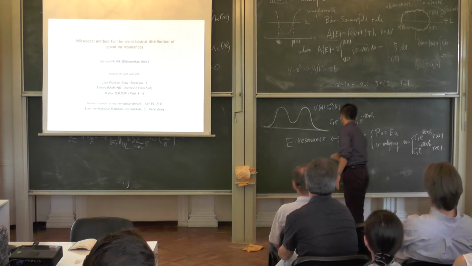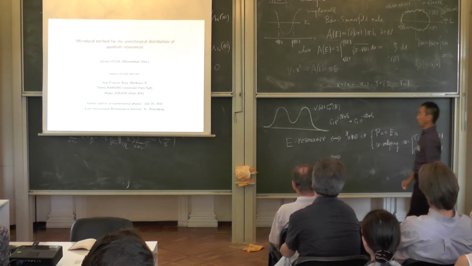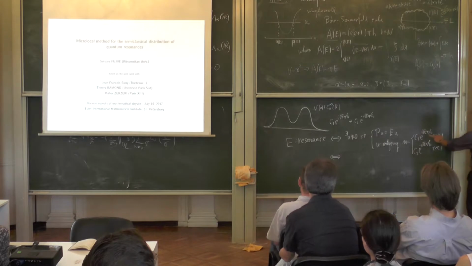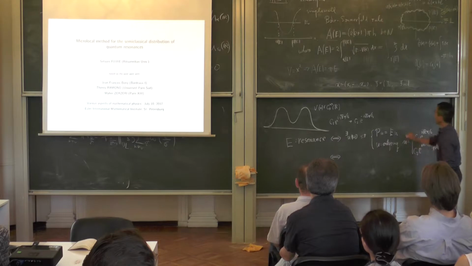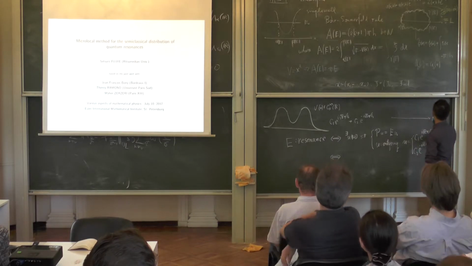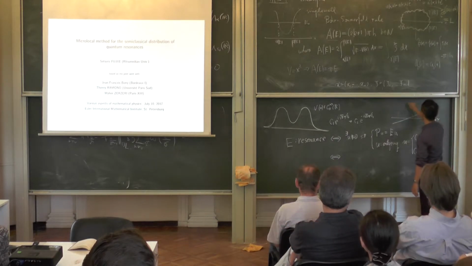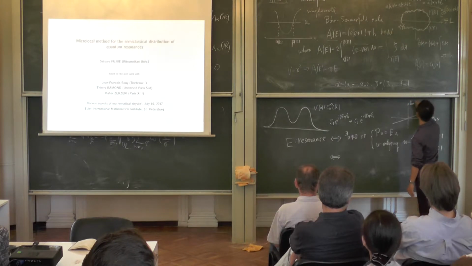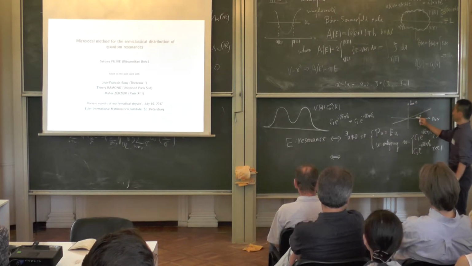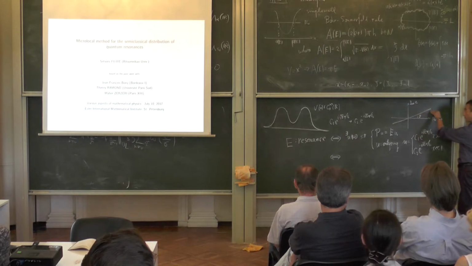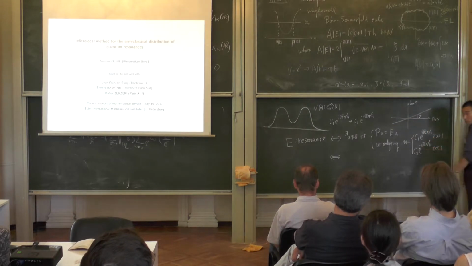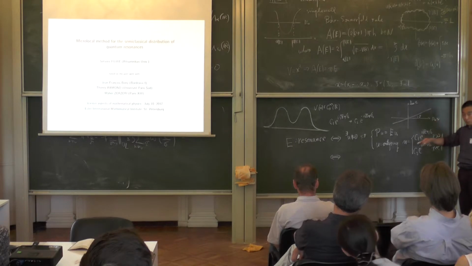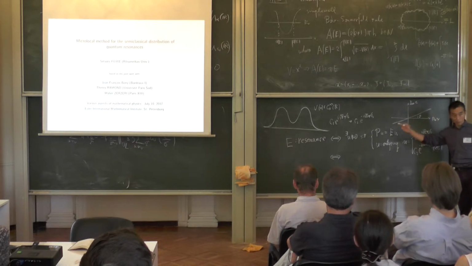But if you look at this solution, for example, for complex x, with some small angle theta, if you look at this solution on this line, this solution is L2 because it decays exponentially fast at infinity.